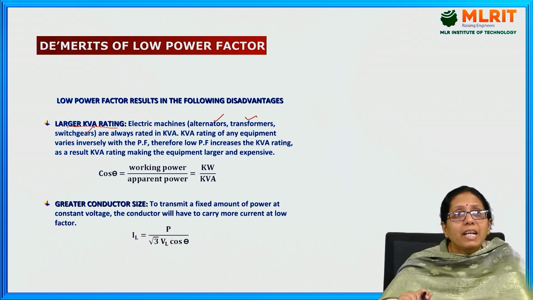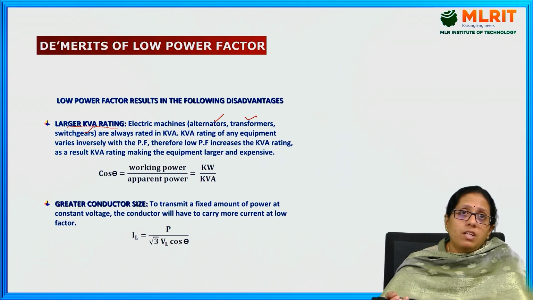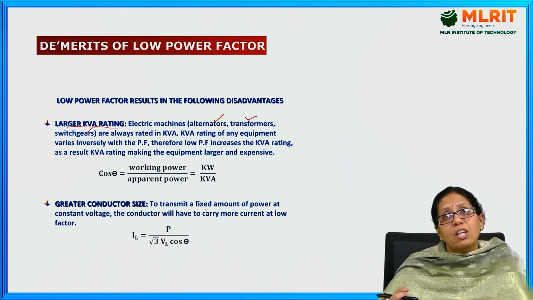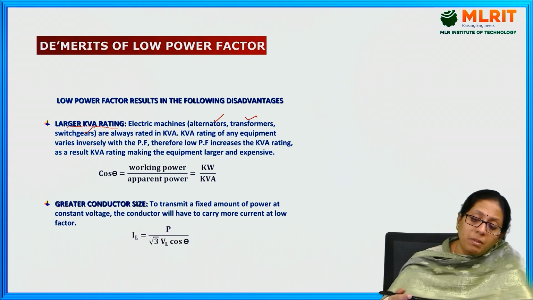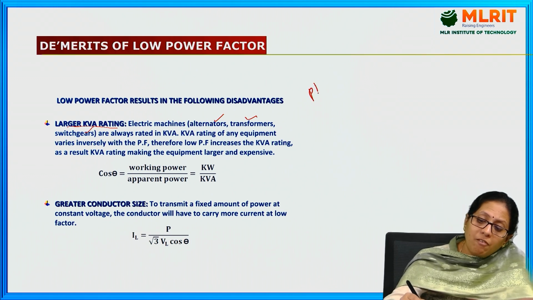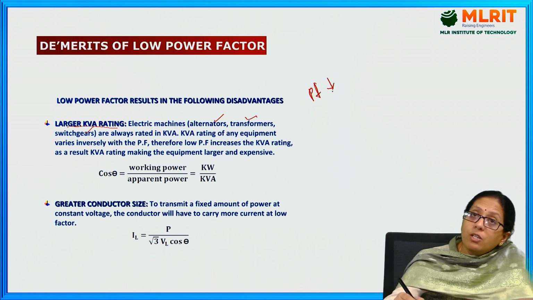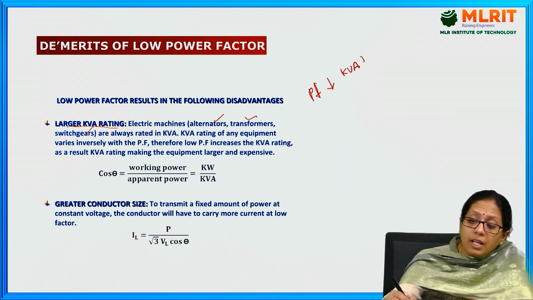For any kind of equipment, the rating varies inversely with the power factor. Therefore, low power factor increases the kVA rating. As a result, the kVA rating of the equipment is larger and expensive. That means as the power factor reduces, the kVA rating of the equipment increases.